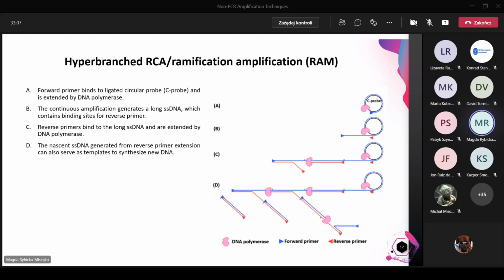Hyperbranched RCA is another improvement of RCA reaction, and here to increase the sensitivity of RCA, both forward and reverse primers are used. So during this hyperbranch RCA, at first forward primer binds to the circular probe and is extended by DNA polymerase.